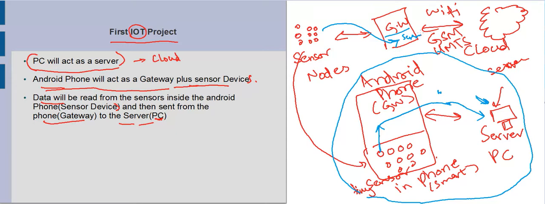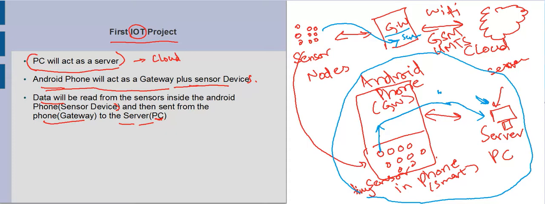In between is a gateway, and then we have this, our cloud. So the values are read from the sensor nodes and sent to the gateway. The gateway can be anything: our phone, a Raspberry Pi or an Arduino based gateway. It is going to process those values or filter them and send them to the cloud.